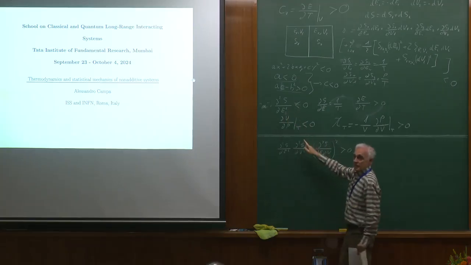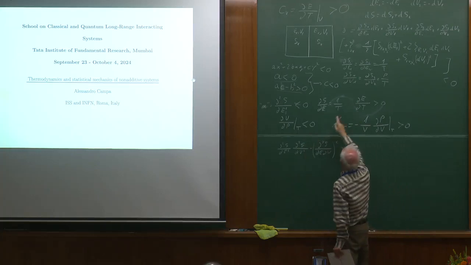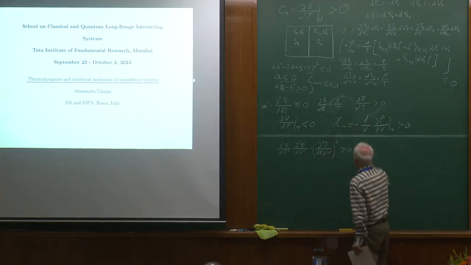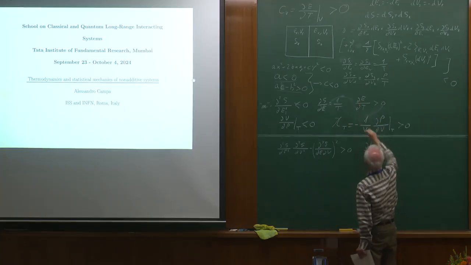AC minus B squared becomes this, okay? But then you see the definition, this becomes the definition of the first derivative.